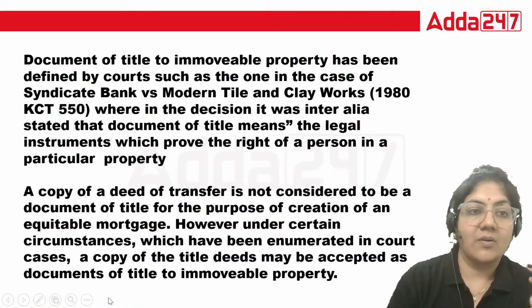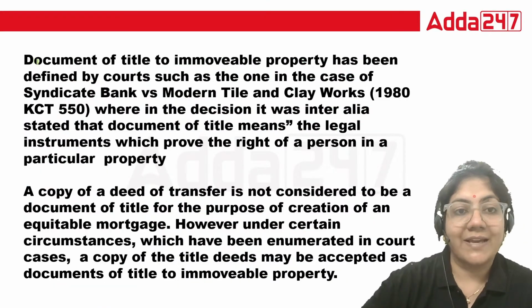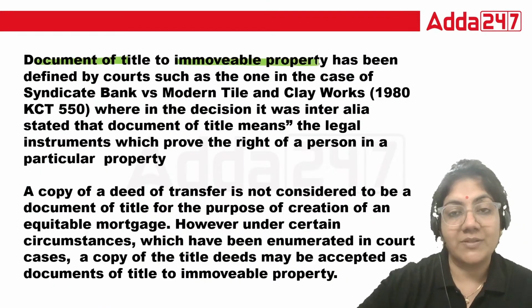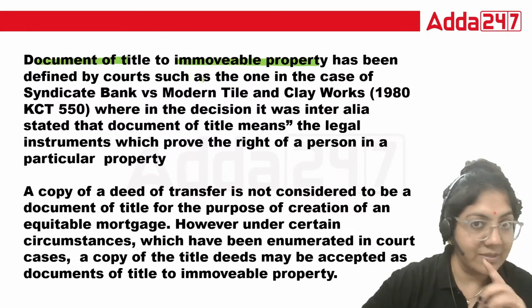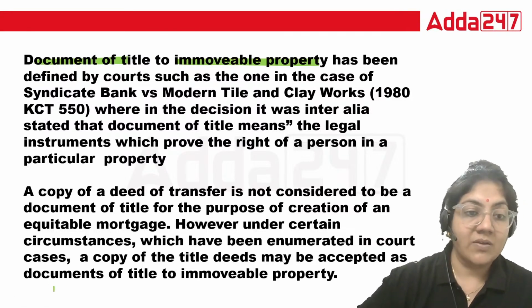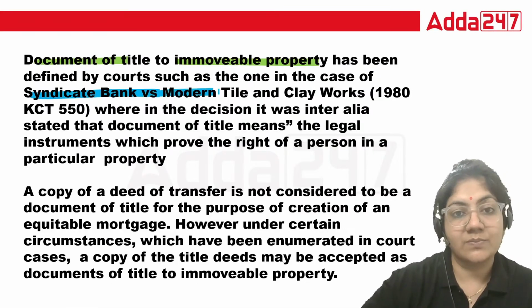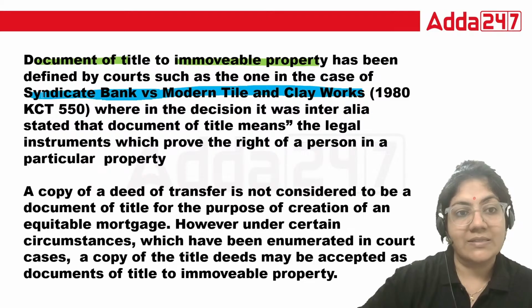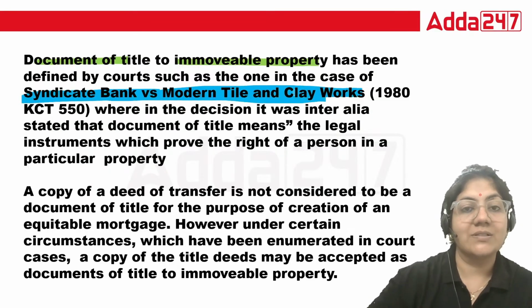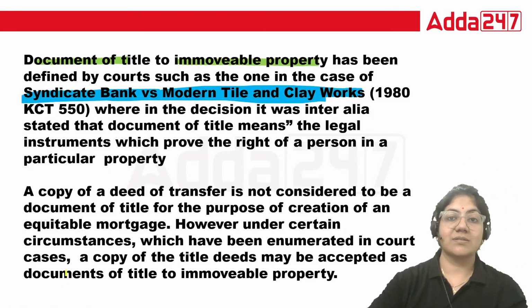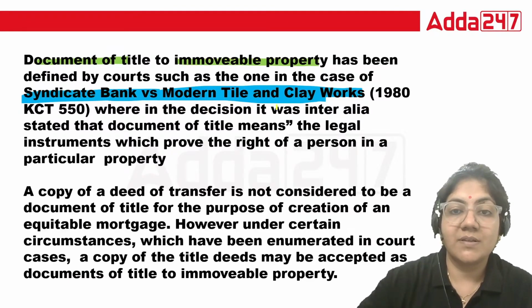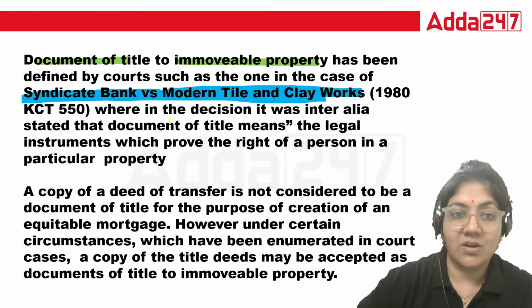Okay. Now, documents of title to the immovable property have been defined by the court in one of the cases. You can see the case name: Syndicate Bank versus Modern Tiles Clay Work. In this case, the decision interpreted the document of title.